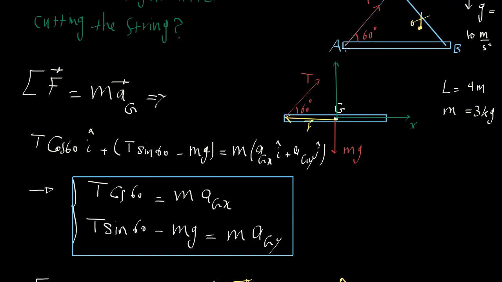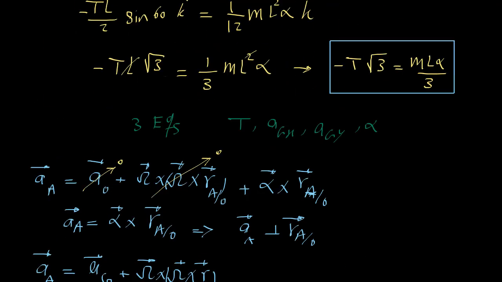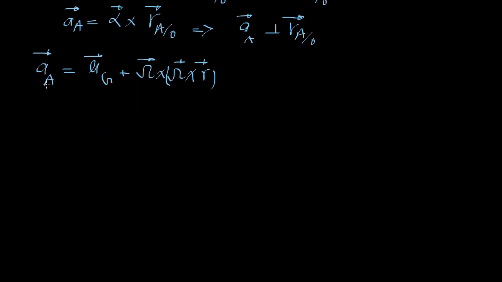So that's why we are writing down the acceleration of this point one time based on O and one time based on G for the rod. So A A is equal to A G plus omega cross R plus alpha cross R A with respect to G. And this omega term is equal to 0 because omega is equal to 0 at the beginning for the rod.